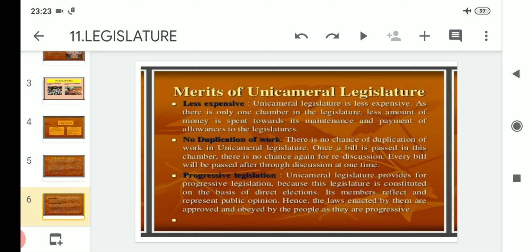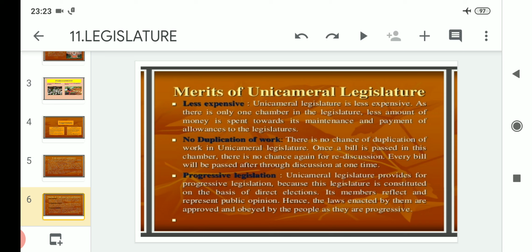But in the Rajya Sabha, the ministers are not elected by the common people. They are elected by themselves through indirect elections. So in the case of a unicameral legislature, it can be said for sure that whoever is elected to the particular legislature is elected through direct elections. That means people choose them through their vote, and whatever they convey in the parliament is the wills and wishes of the common people.